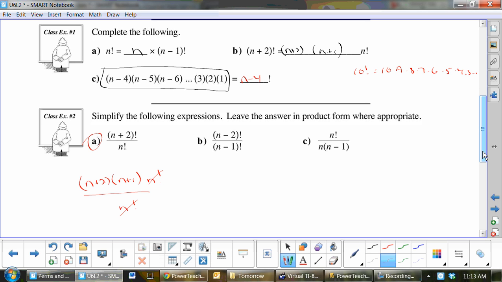Okay, in B, which one is bigger? The bottom. So make it count down. Because if you count down the smaller one, it will never look like the bigger one. It's pretty deep, but you'll get it soon. Okay? So which number would come after n minus 1? N minus 2. So this is n minus 2 factorial over n minus 1 times n minus 2 factorial.